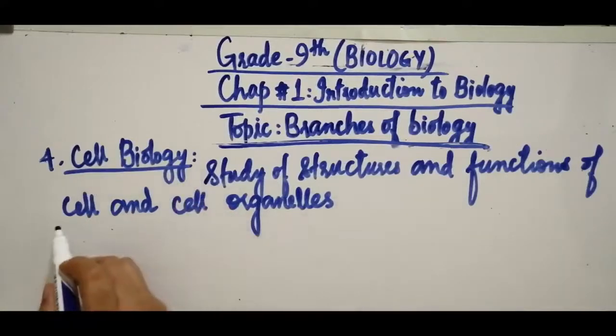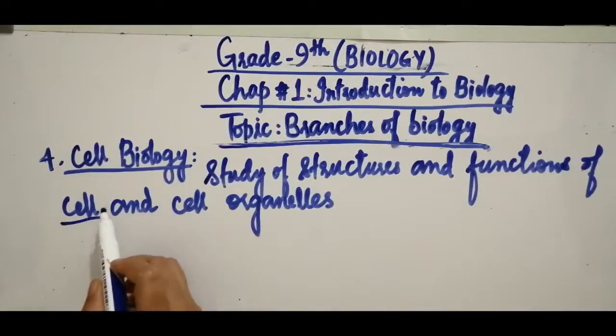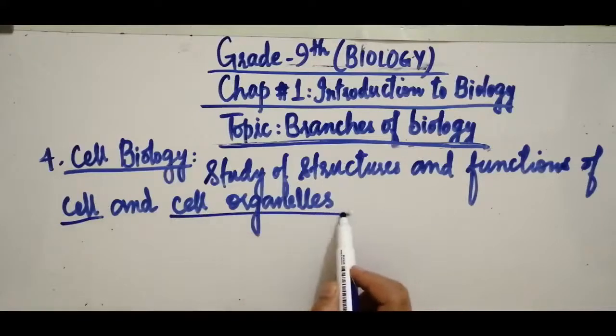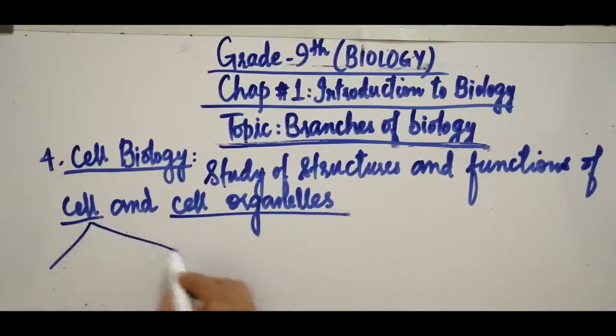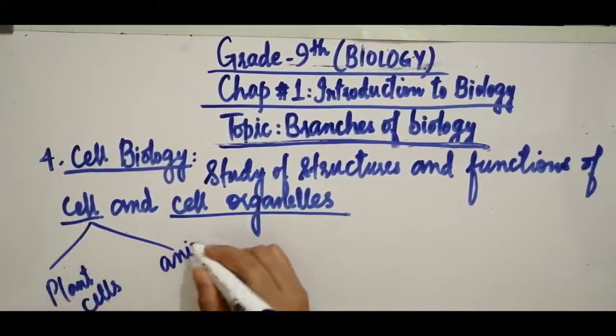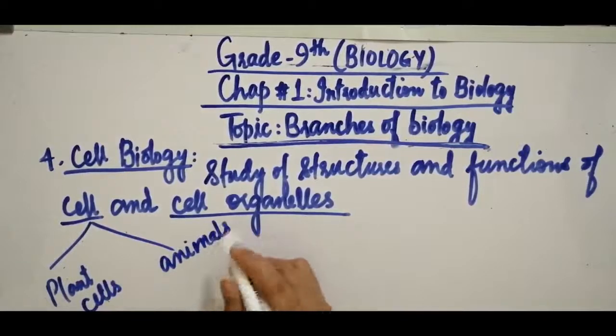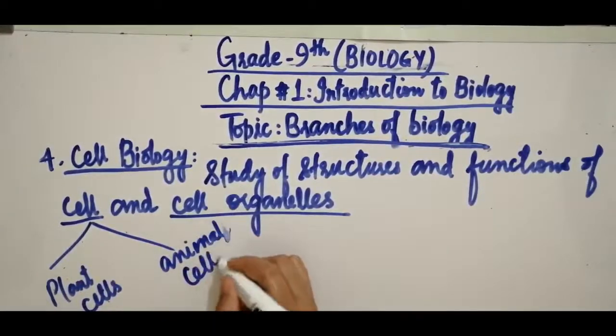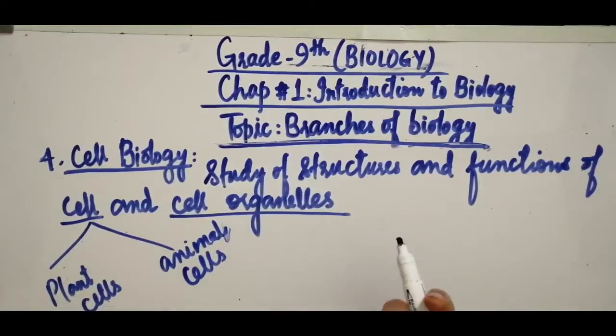Now what are these different types of cells and cell organelles? These different types of cells are plant cells, animal cells, or you can categorize these cells into two important categories, which are prokaryotic cells and eukaryotic cells.